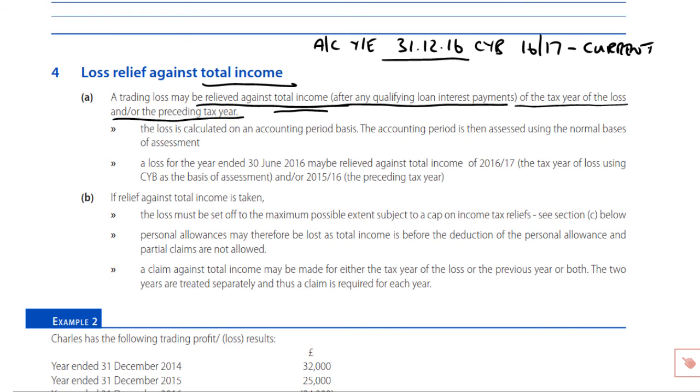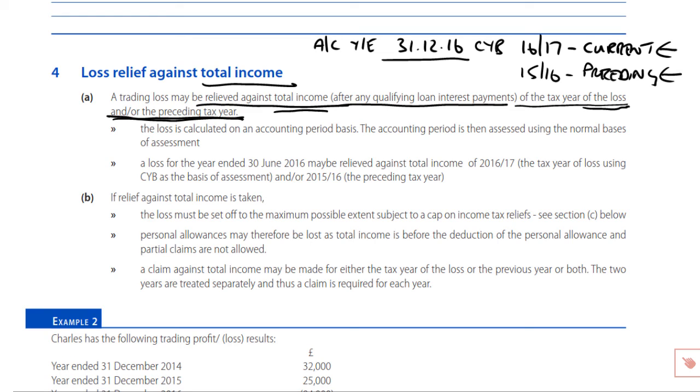So the relief that we've got, trading loss set off against the total income of the tax year of the loss and or the preceding tax year. So what is the preceding tax year to 16-17? 15-16 is the preceding tax year. So you can quickly and easily, for your loss-making period, determine which is the current tax year and which therefore is the preceding tax year.